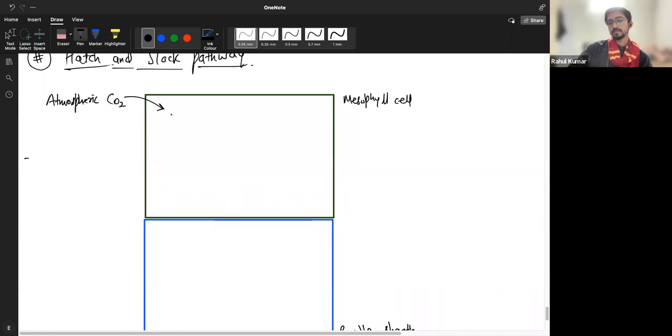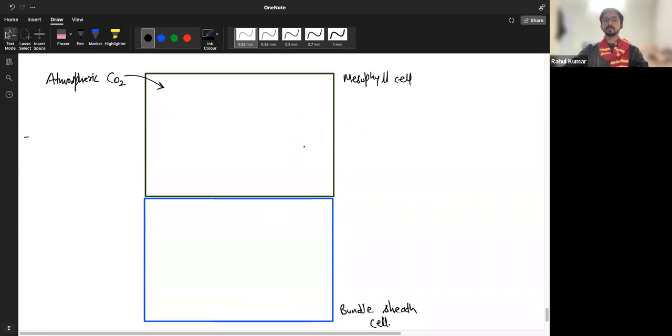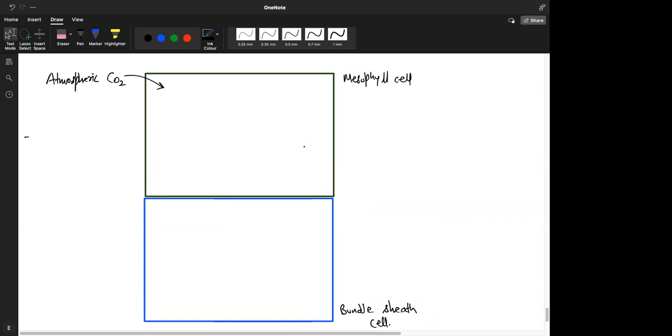And when it enters into the mesophyll cell, the first molecule, so what was the first in case of this C4? What was the first stable product of CO2 fixation? Oxaloacetate. Yes.